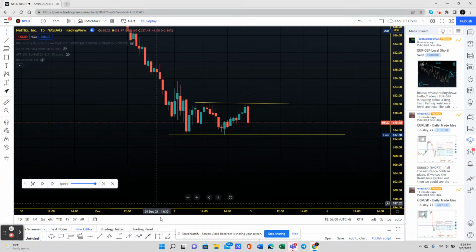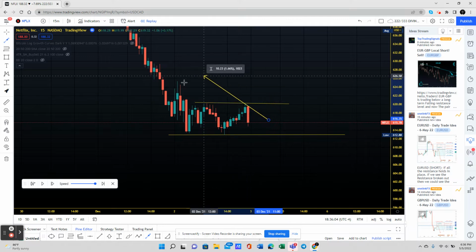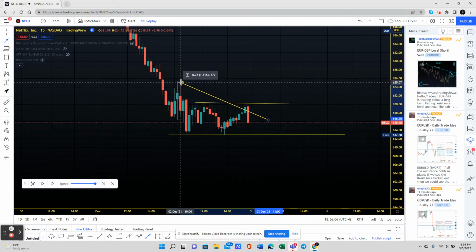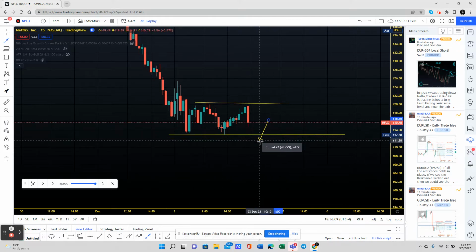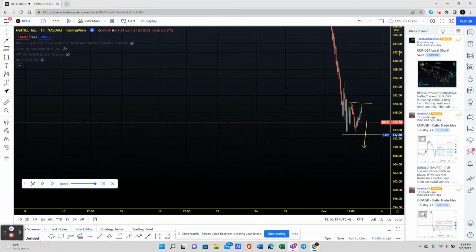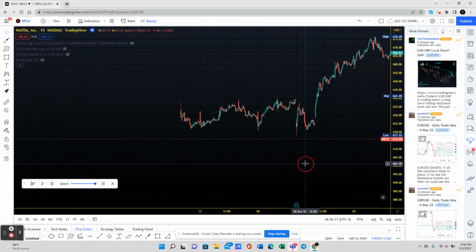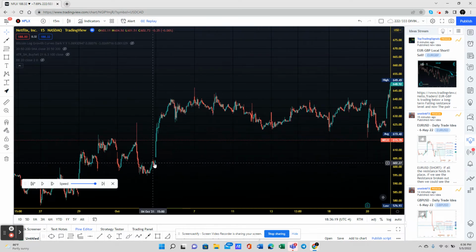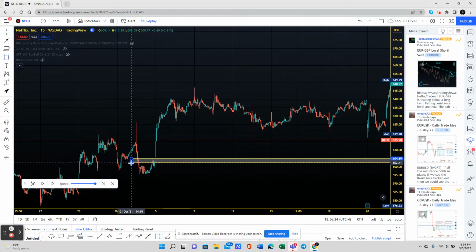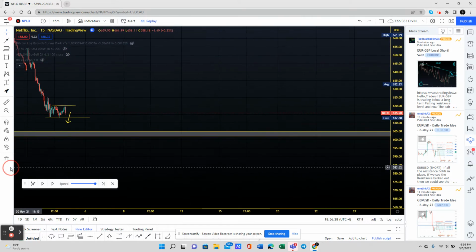I'm only going to buy if price breaks here, and my first level I got to pay attention to is here. But if it breaks here, of course I got to scoot over and see what's happening because it's so far away, and I got to find what's the next area. So really down here, so I can look to take the trade to this level if it breaks. So that's what we're looking for. So let's play.